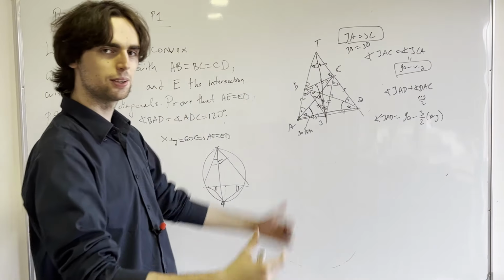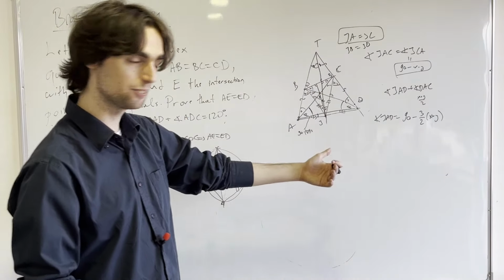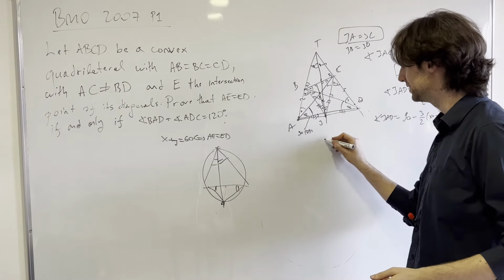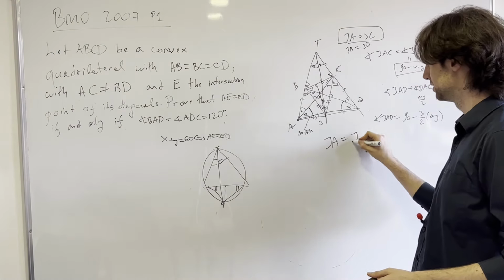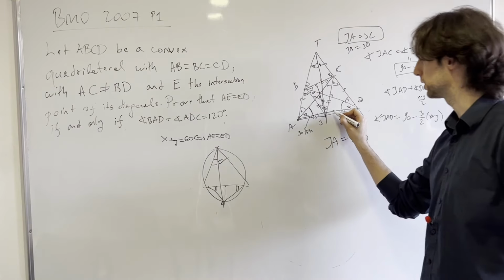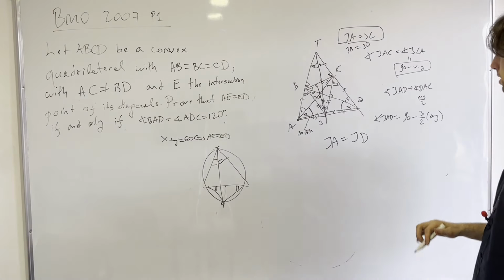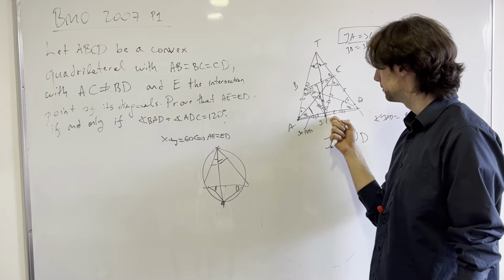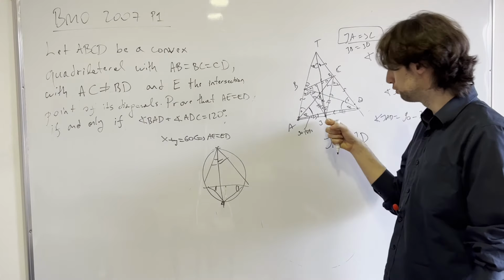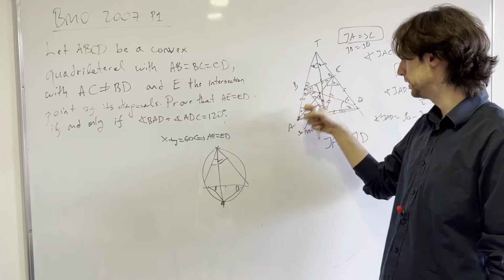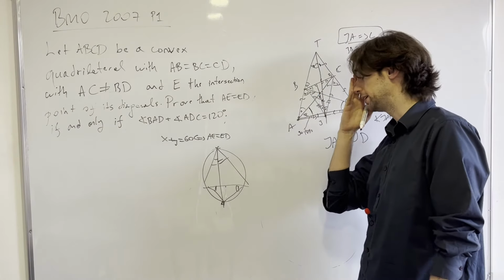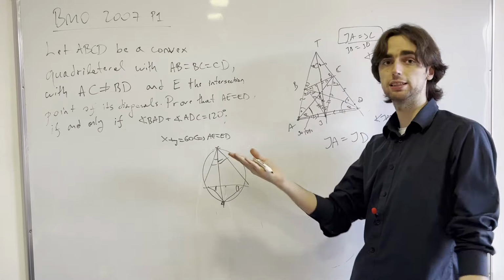And we get the same thing on the other side, right? So now what does this imply? Well, it implies that JA is equal to JD because we'll get the same angle here. If on the other hand J was inside EAD, it would be different, but we would have the same thing.